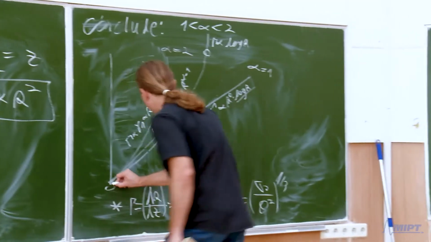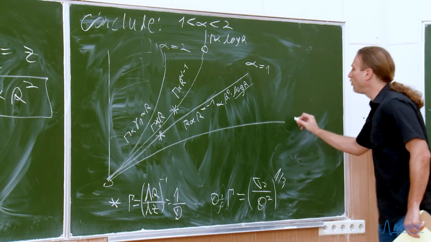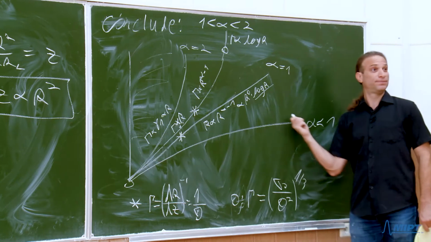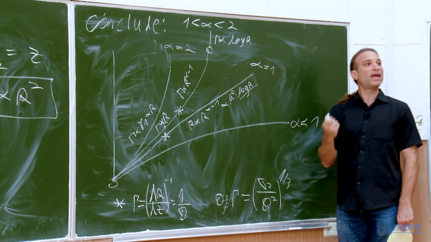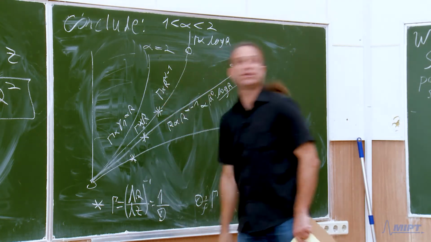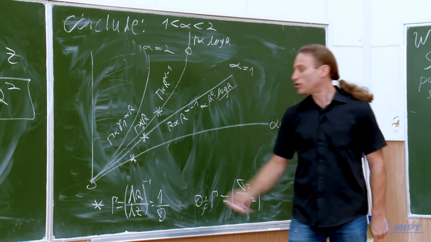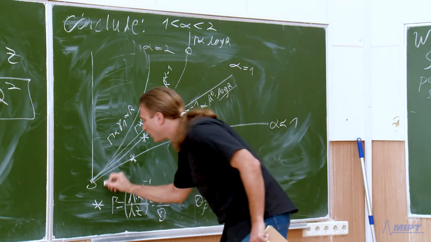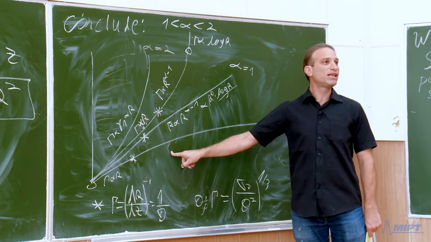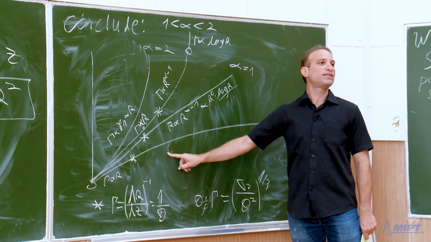If my curve now has alpha smaller than 1, the jet opens up. Even when the jet opens up, I still have a regime where I'm strongly causally connected, so gamma will be proportional to r. But beyond this regime, I'm losing strong causal contact and I'm actually starting to slow down.